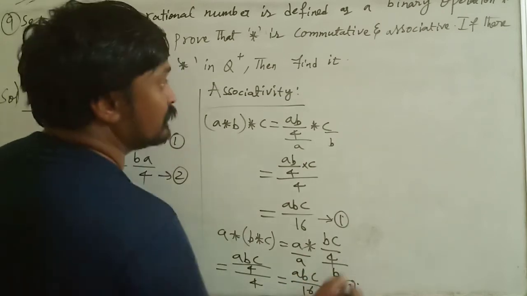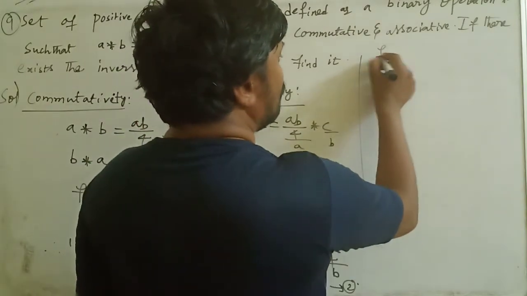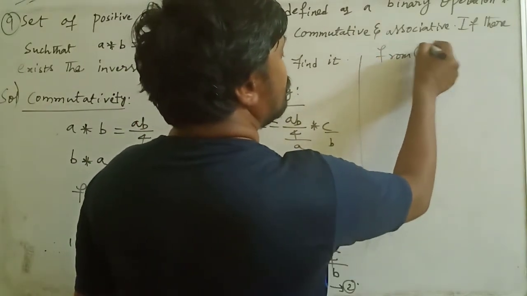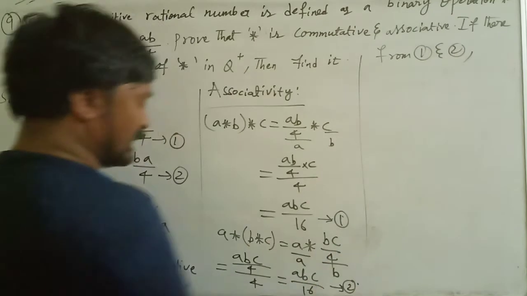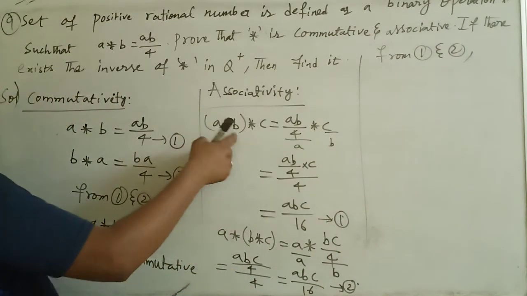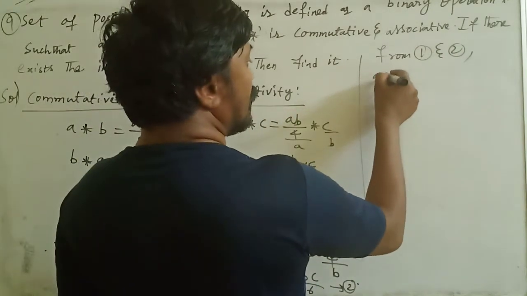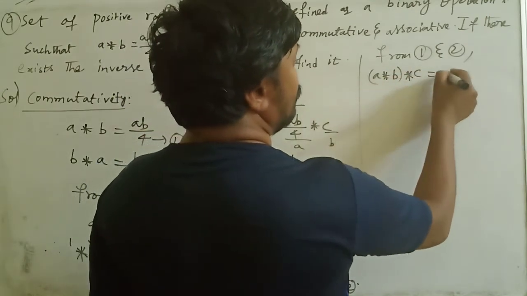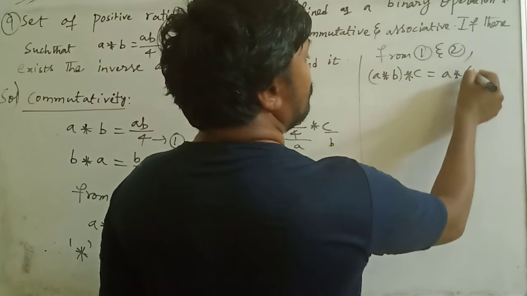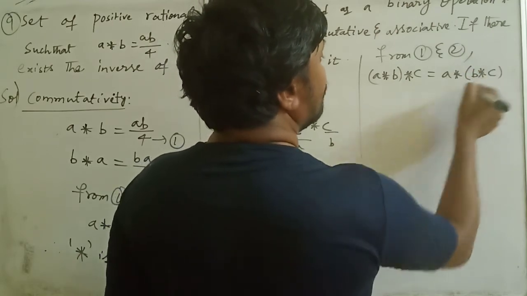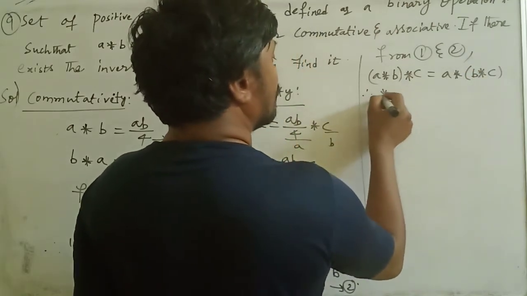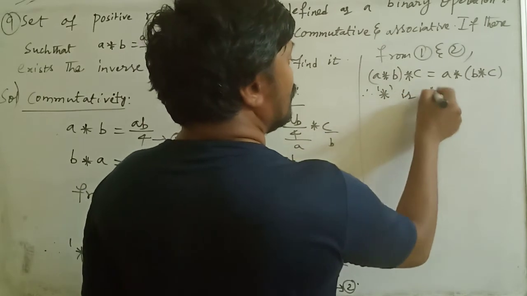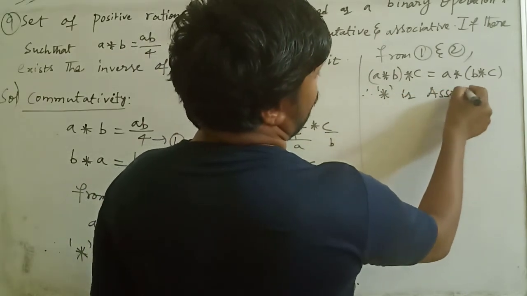This is equation number 2. Now from 1 and 2, what can we say? (a star b) star c is equal to a star (b star c). Therefore, star is associative.